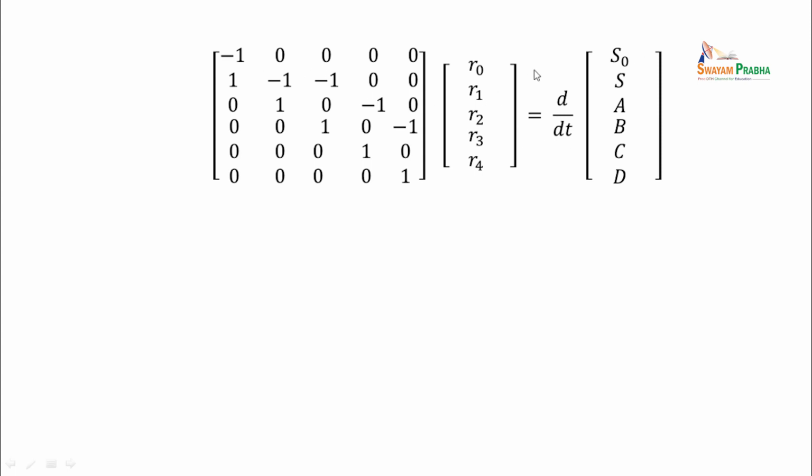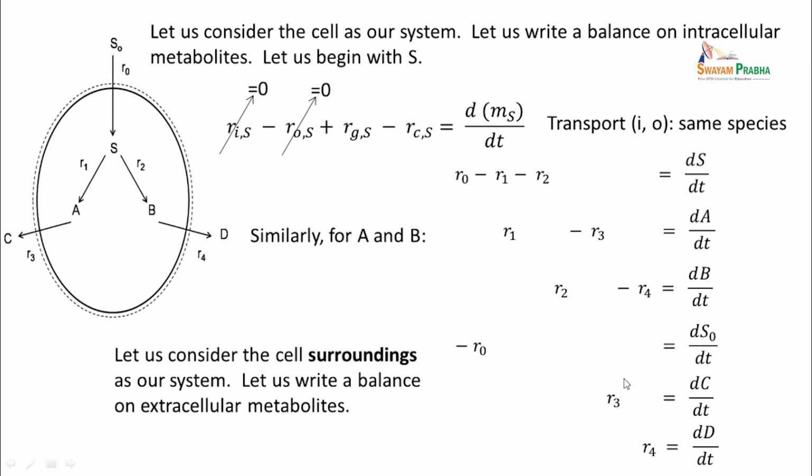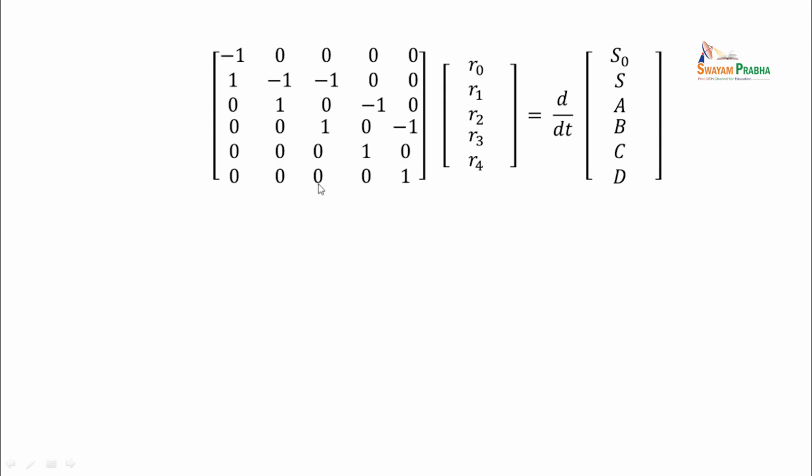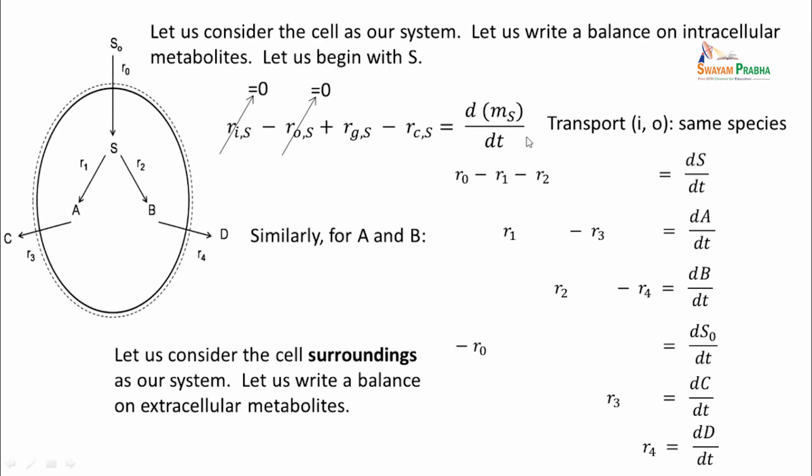So minus R0, the other terms are all 0 for the first term. Minus R0 is d/dt of S0, which is what this one says. I'll show you one more thing. R0 minus R1 minus R2, the rest of the terms are 0, equals d/dt of S. If you remember, that was the first equation.